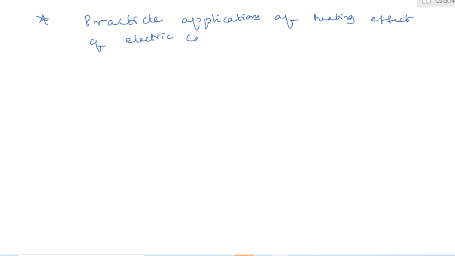Although heating effect of electric current causes undesirable loss of electrical energy, still there are some useful applications of it. Some of them are: first one is electric bulb.